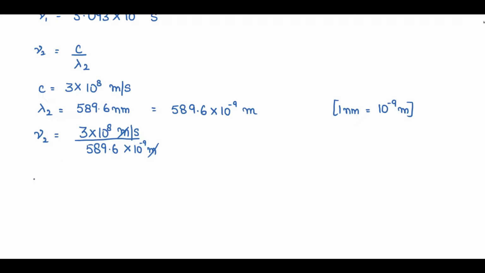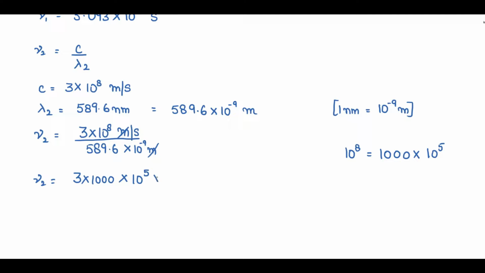So what I'll do, I'll simply convert this 3 higher than 589.6. For this, I'll consider this 10 raised to power 8 as we have done before. 10 raised to power 8 can be written as 1000 into 10 raised to power 5, right? So 3 into 1000 into 10 raised to power 5.